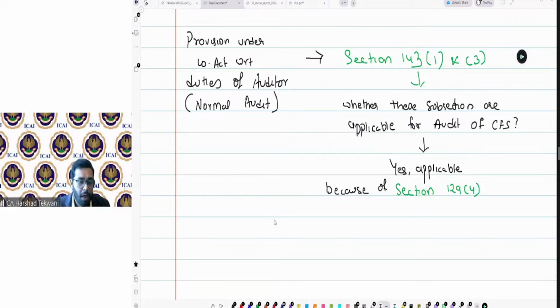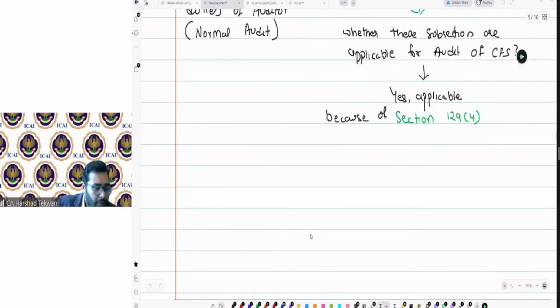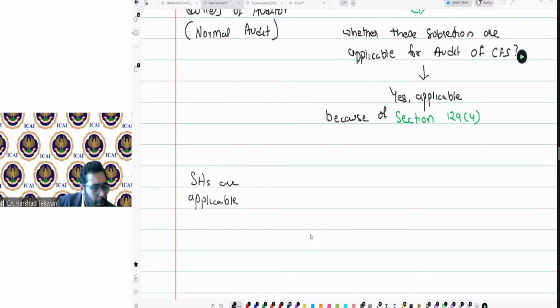Okay. Now the next question is whether SAs are applicable for audit of financial statement.